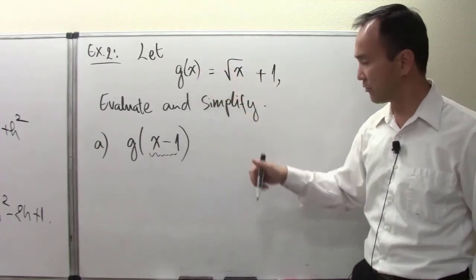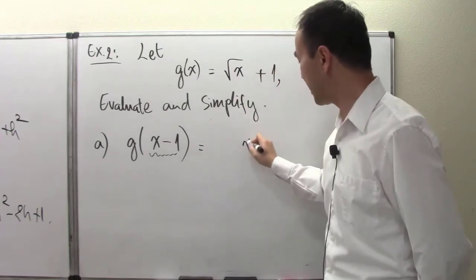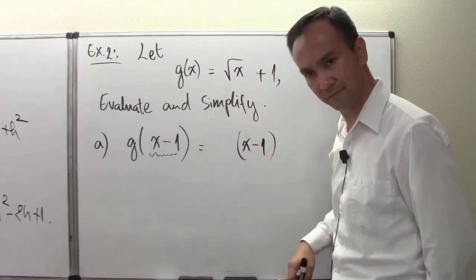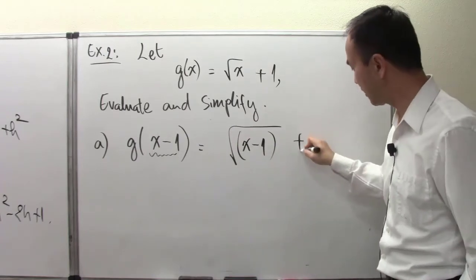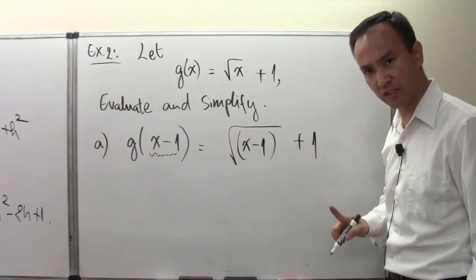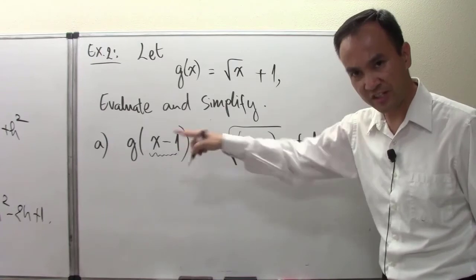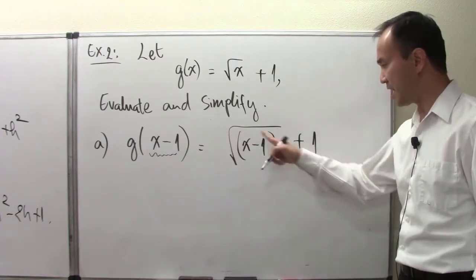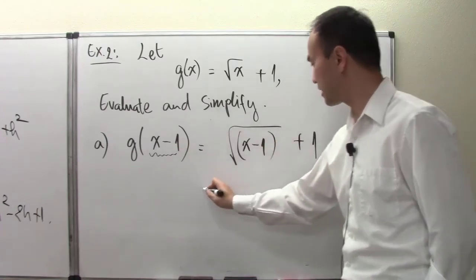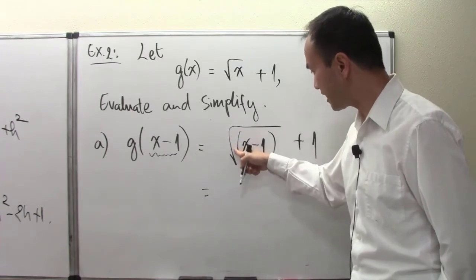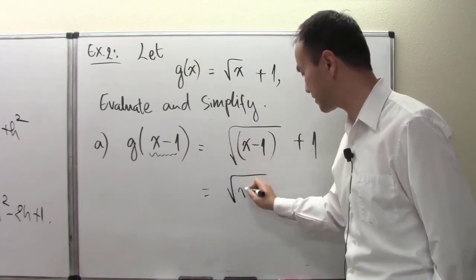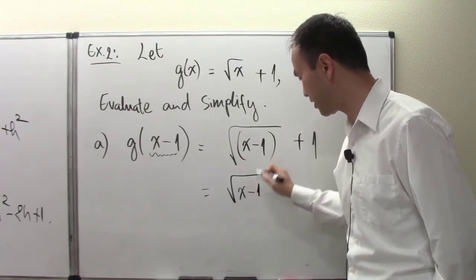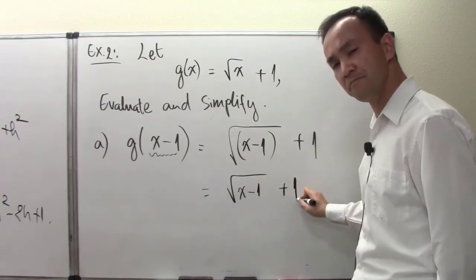The rule of the function says for whatever input that is, we take the square root and plus 1. Now, being inside of the root, and nothing inside the root comes before the parentheses, we can simplify that as square root of x minus 1 and plus 1.